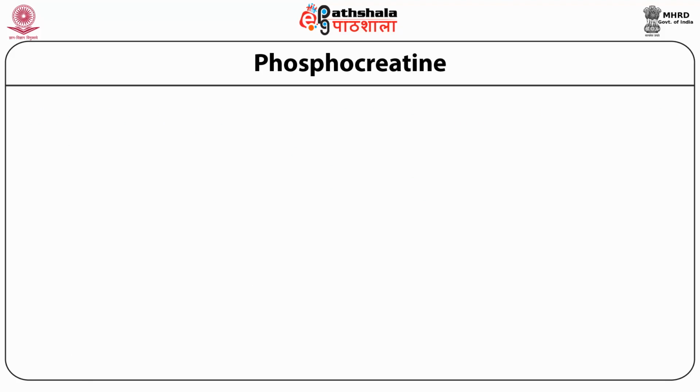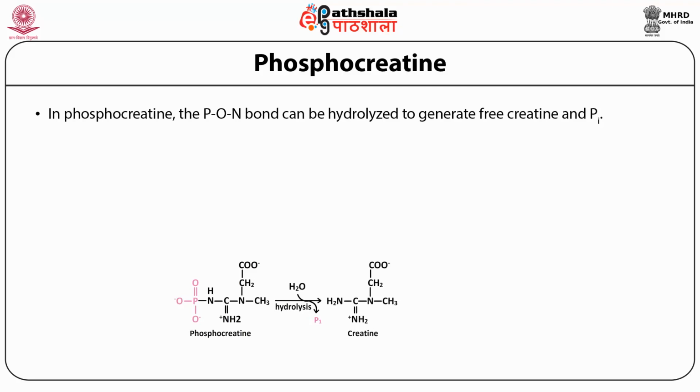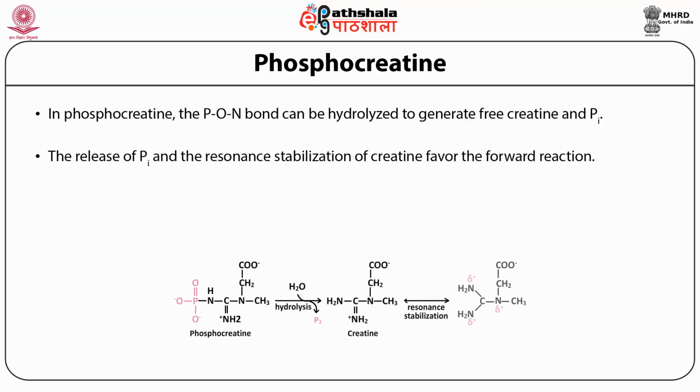The first high energy compound other than the NTP is phosphocreatine. In phosphocreatine, as you can see in the structure, they have a phosphate-nitrogen bond that can be hydrolyzed to generate free creatine and inorganic phosphate. The release of phosphate and resonance stabilization of creatine makes the reaction favorable.